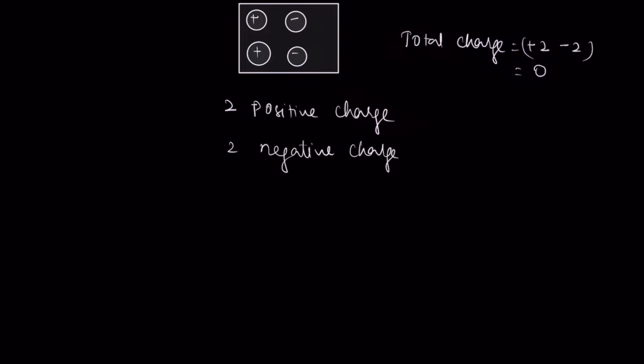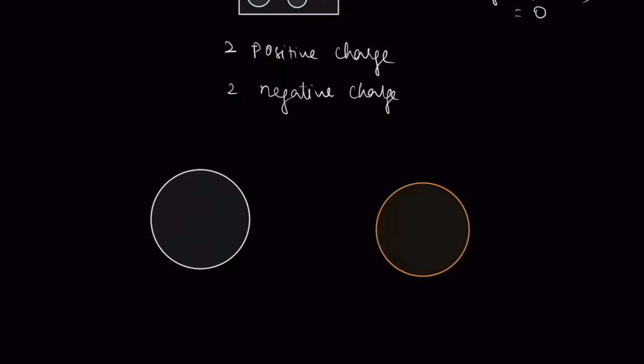But if you take two different bodies, like this is body A and this is body B. Inside body A and body B, if we take positive and negative here and positive and negative on this side, this is also neutral. Why is it neutral?